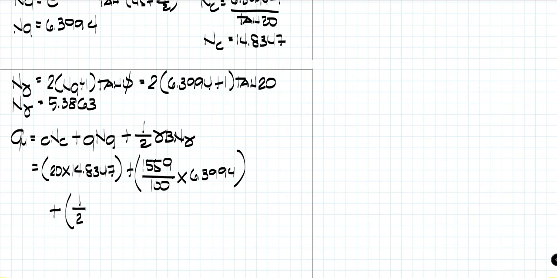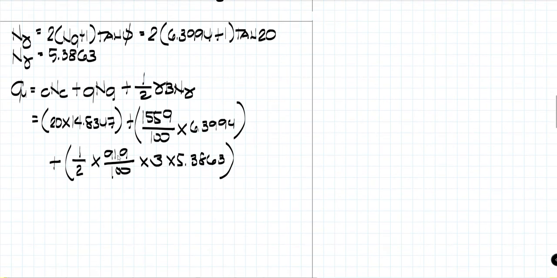Yung gamma natin is still 919 over 100 times yung B natin is 3 times 5.3863. So, calculating this one, we could have a value of QU which is equivalent to 470.7108. So, that is in kilopascals.